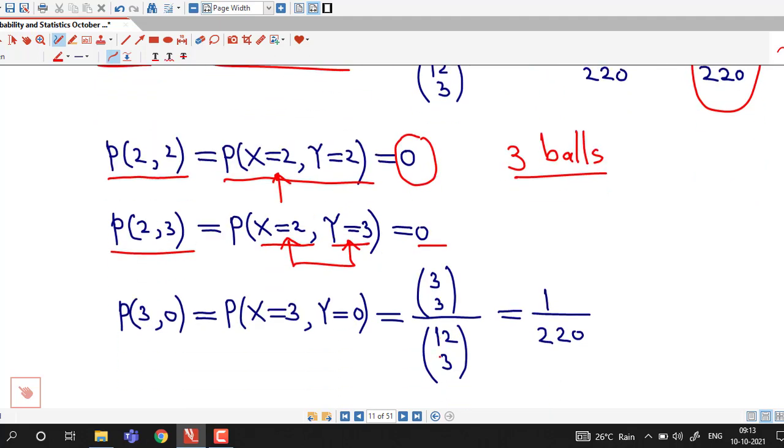And then we come to this value P of (3, 0), that is probability of 3 red balls and 0 white balls. So 3 red balls can be selected in 3C3 ways, and we obtain 1 over 220.